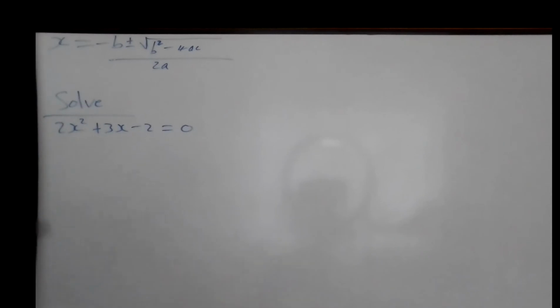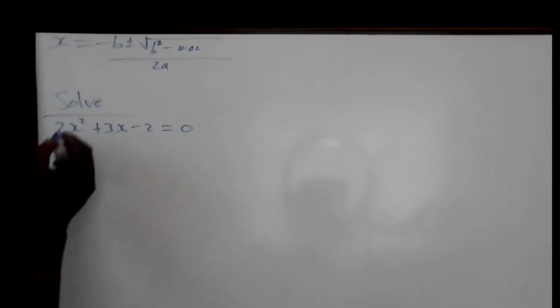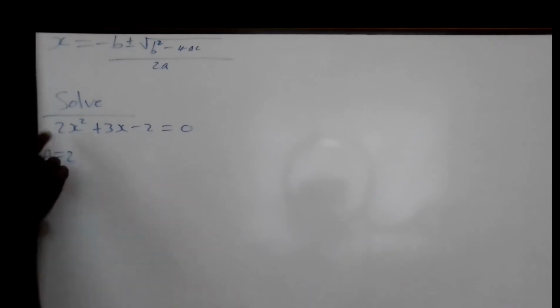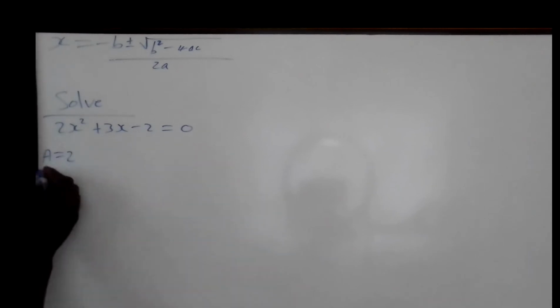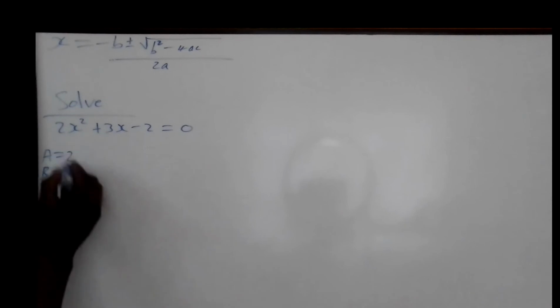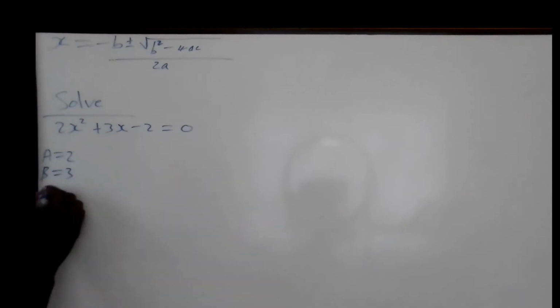So we know that a equal 2 because we have a 2 in front of the x, so we know that a equal 2, b equal 3, and c equal negative 2. Right? So we know the value of each term.